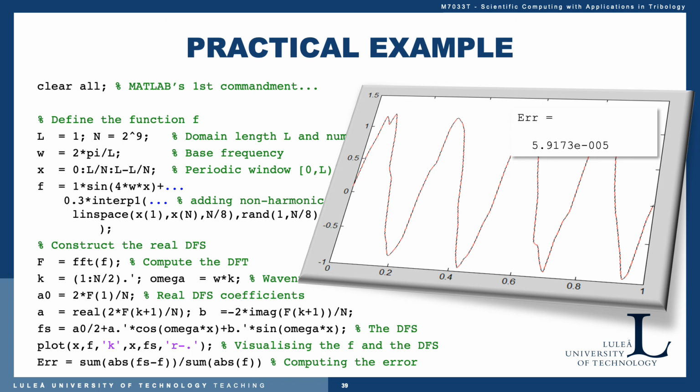If we had kept only the first pure sinusoidal part, i.e. the sine 4 times w times x part, that would be numerically exact. And it would have been numerically exact all the way up to n over 2 minus 1 for the frequency that we just represented by this 4.